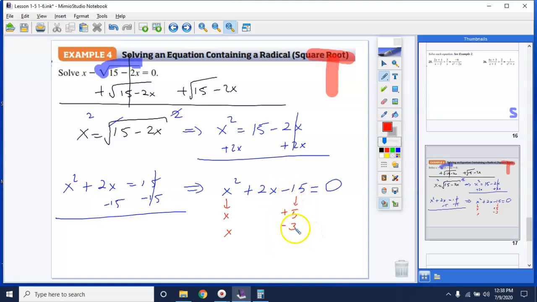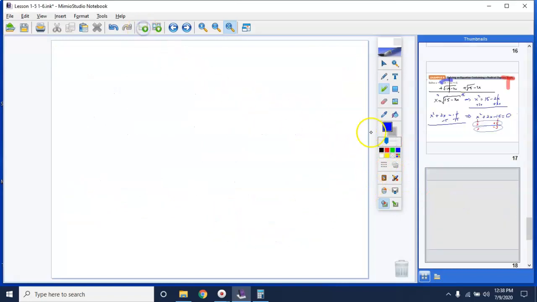Multiply them, negative 15. Add them, positive 2. So it's working super fine. So here I got x plus 5 times x minus 3 equals 0.